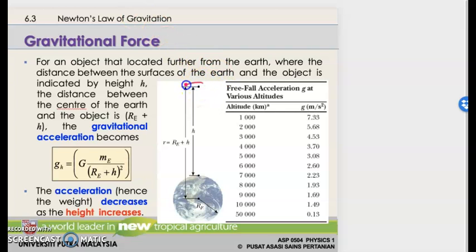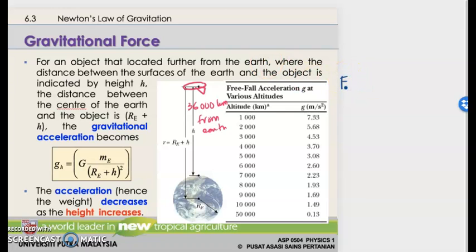Let's say I have a satellite over here. This is my satellite, and the typical height of a satellite is 36,000 kilometers from Earth. To use that equation again, how would I do it?